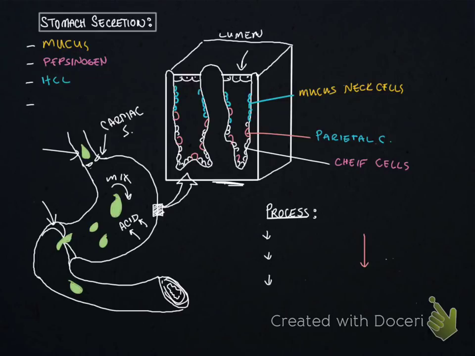And then it'll move past the pyloric sphincter. And now it's become chyme. So the process we see here is it goes from being a bolus, it churns in the stomach, thanks to those 3 layers of muscle in the stomach. It goes through hydrolysis.